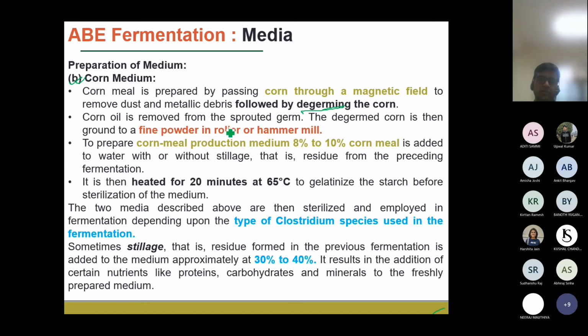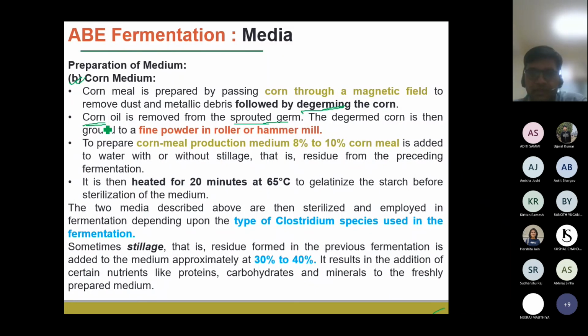Now, corn oil is removed from the sprouted germ. The degermed material is then ground to a fine powder in a roller or hammer mill. So we carry out mechanical disintegration of the corn, and we get a solid product, which is made into a fine powder, and a liquid product, which is the corn oil.